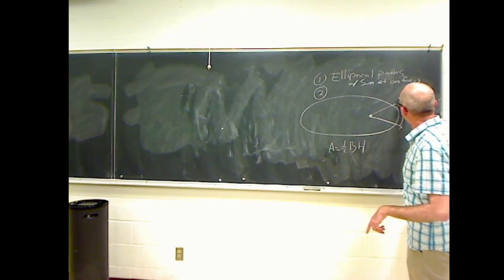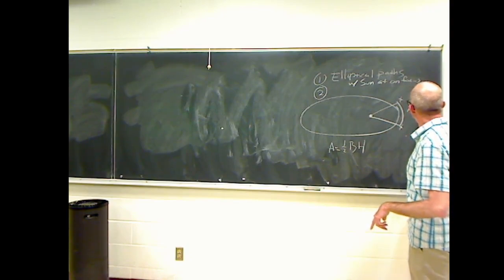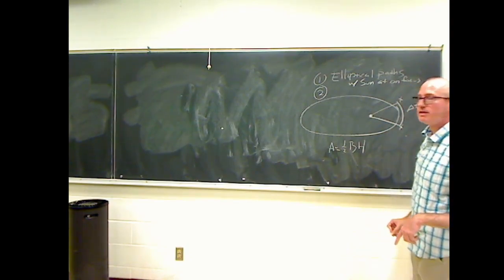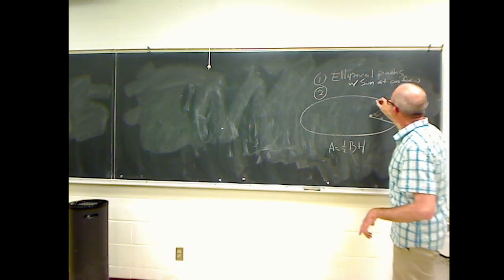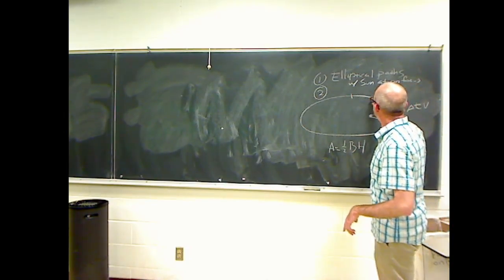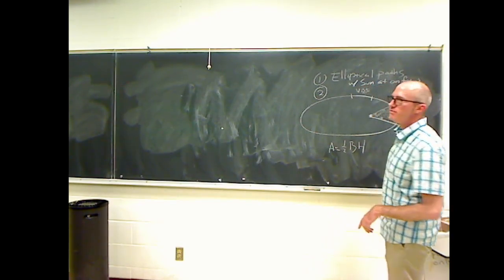So I start out here, and after a certain time later, I'm over here. That's going to be V delta T, right? And that sweeps out some area. Then later on, I'm going to go from here to here, and I'll have some other V delta T. Let's say the delta T is the same, but V is not.